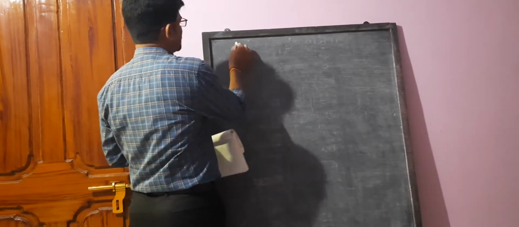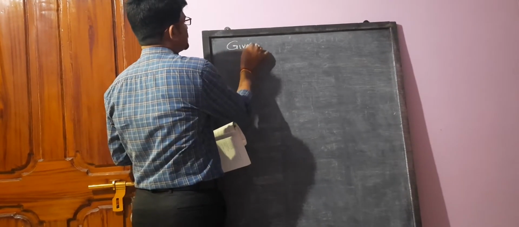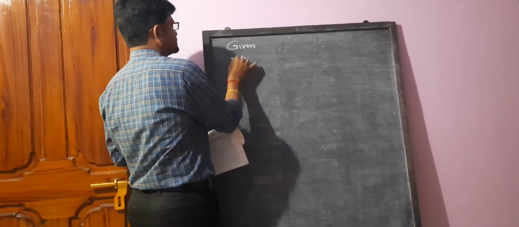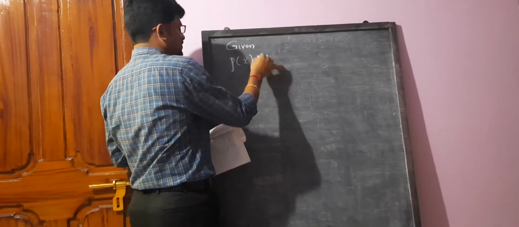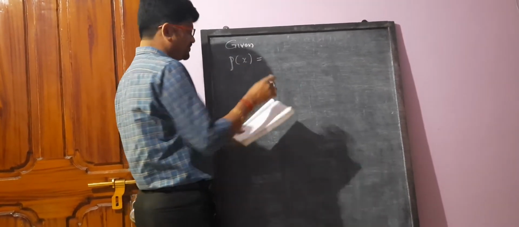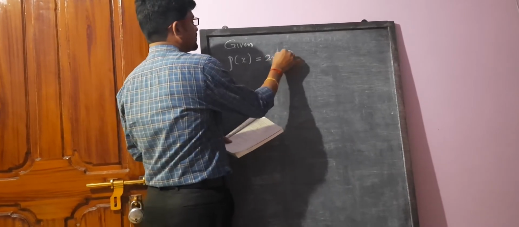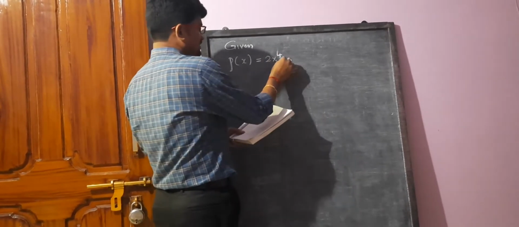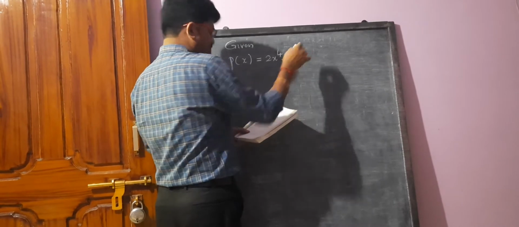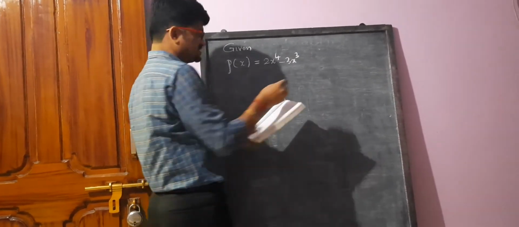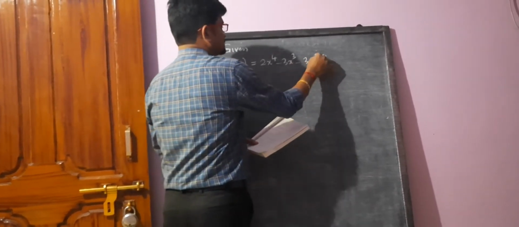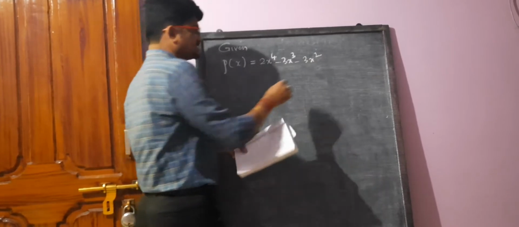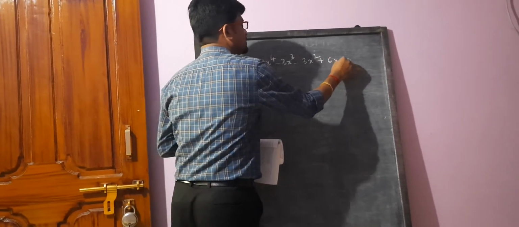So, what is the given polynomial here? First one, p of x. P of x is equal to 2x to the power of 4 minus 3x cube minus 3x square plus 6x minus 2.